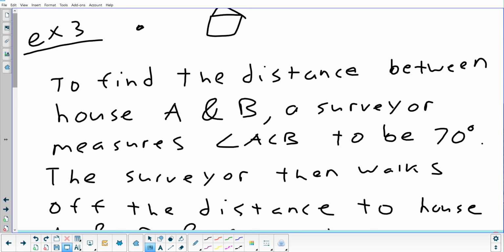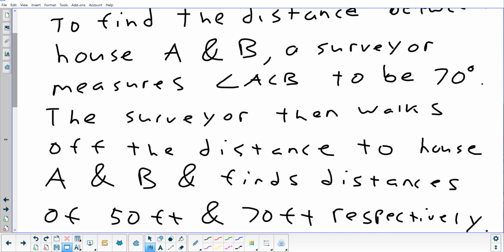And we want to know the distance from here to here. And we don't feel like trying to measure around the house. We just want to know what the distance is straight across. And you're standing here. Well, this distance is very easy to measure, and so is this distance. You can just walk right to those 2 points. And this angle is the 70 degrees.